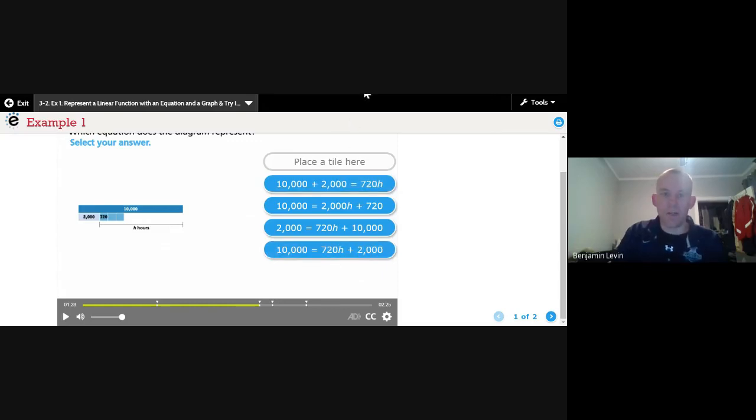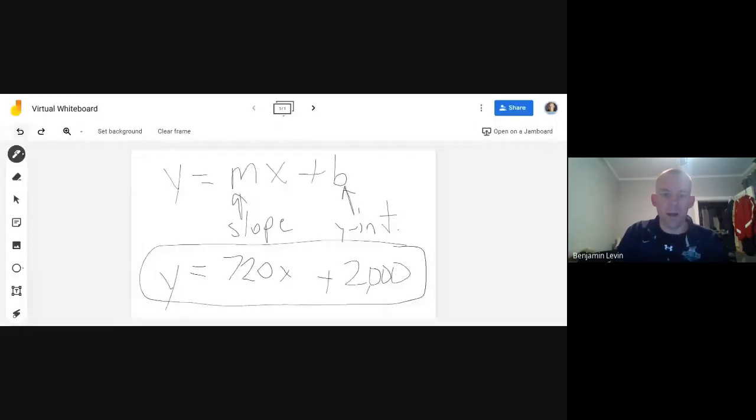Let's look back at our Jamboard and see what we got, right? They put in the 10,000 because that's how we're going to end up solving this problem. That's the total number of gallons we need to pump to finish the job. But this is what we got. 10,000 equals 720x plus 2,000, because 720 is our unit rate, gallons per hour. 2,000 is where we started.